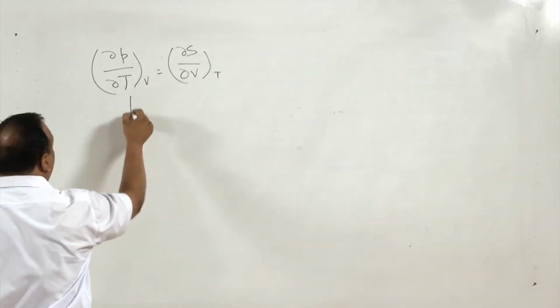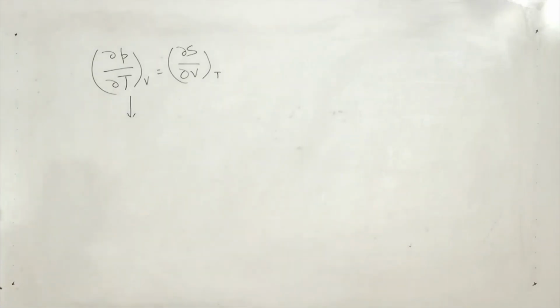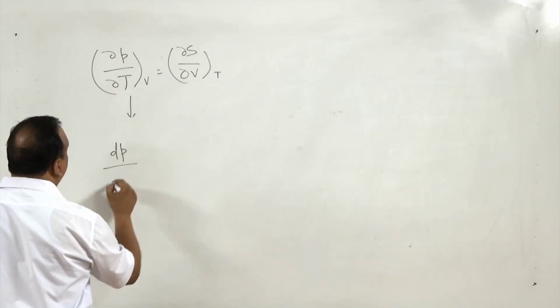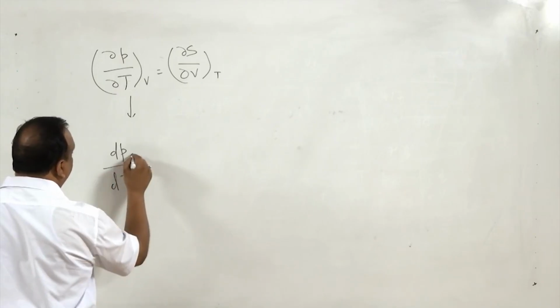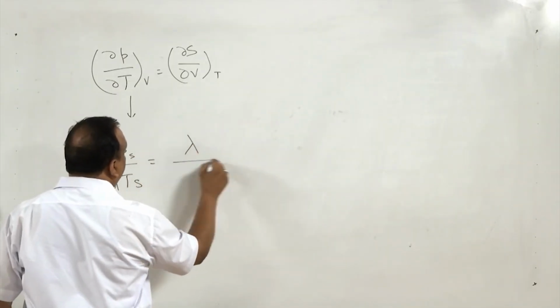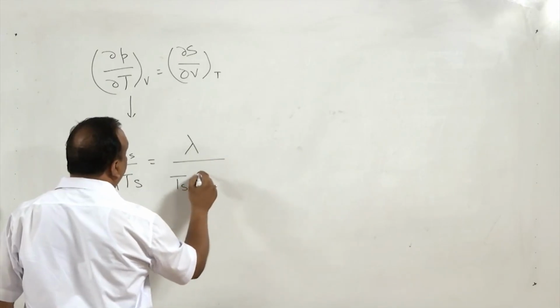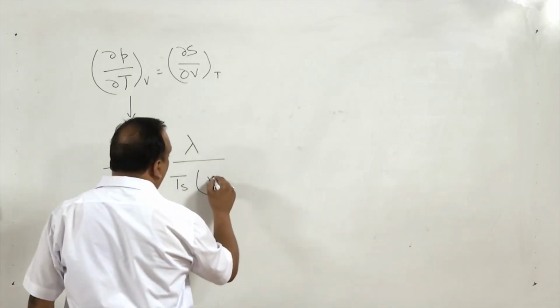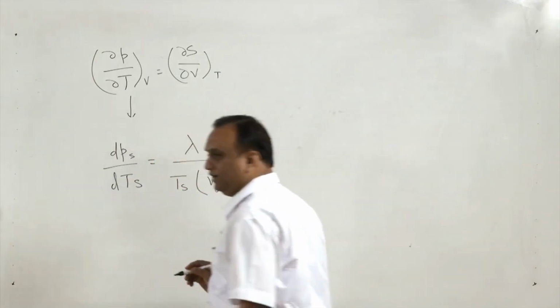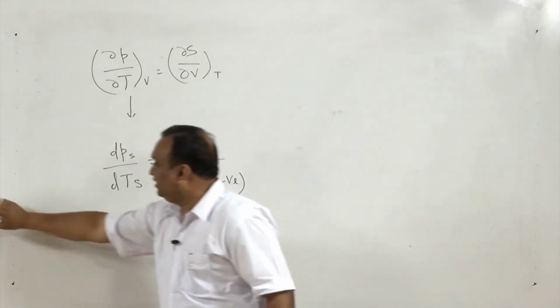From this Maxwell relation, Clapeyron relation has been derived, that is dP by dT at saturation state is equal to latent heat divided by saturation temperature and specific volume of vapor minus specific volume of liquid, and this is applicable during phase change.